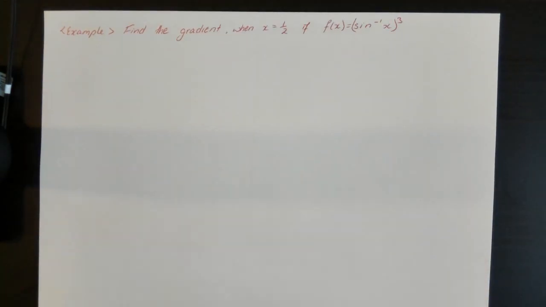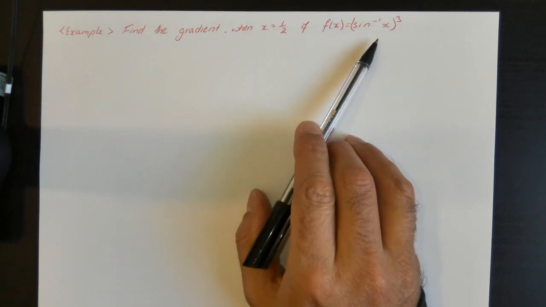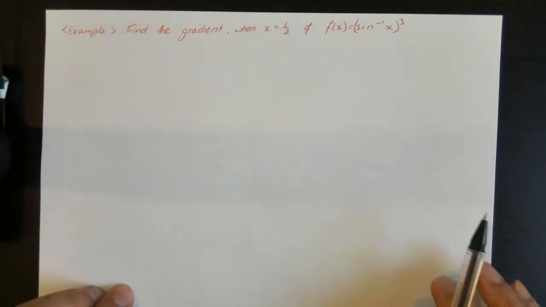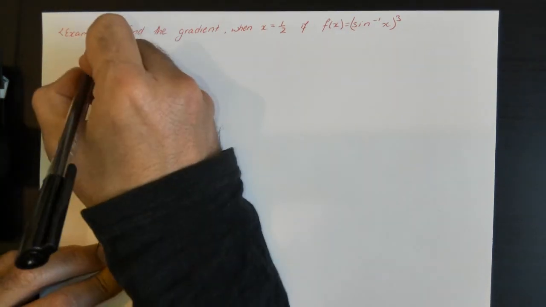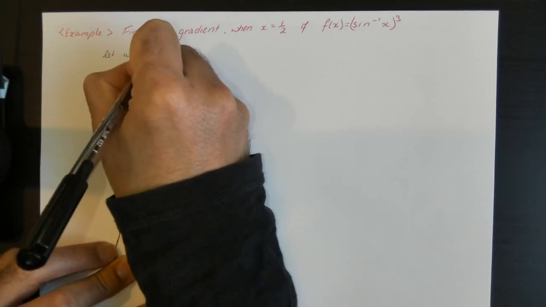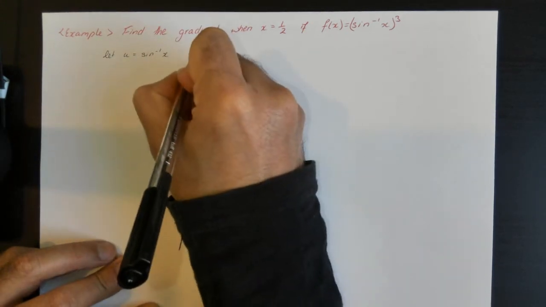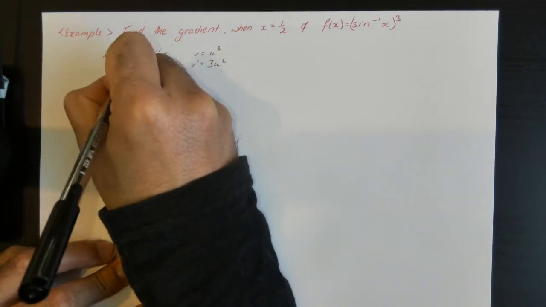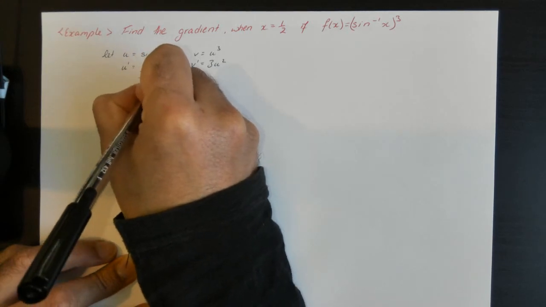We want to find the gradient when x equals a half if we've got f of x equals inverse sine x to the power 3. Well, this is just the chain rule. So if I let u be arc sine x and v be u to the power 3, the derivative of v would be 3u squared, and the derivative of u will be 1 over the square root of 1 minus x squared.